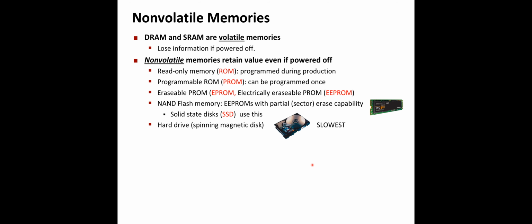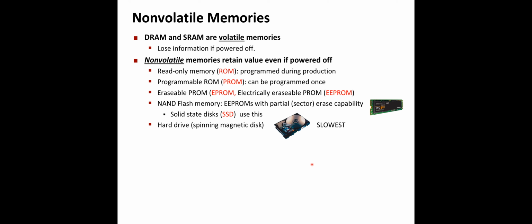The memories we just talked about are volatile. They lose information when the machine's powered off. But now our non-volatile memories retain data even if they're powered off. And so they use some way of being able to keep that data around.